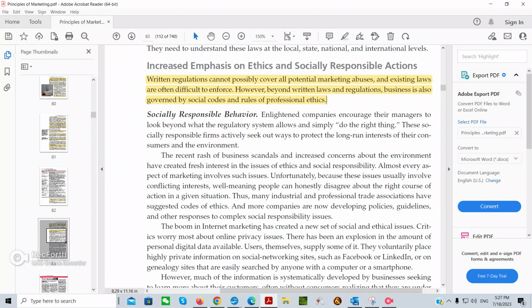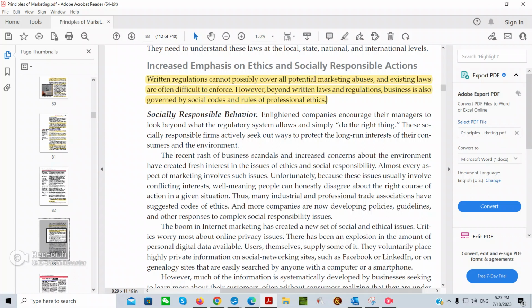The recent rash of business scandals and increased concerns about the environment have created fresh interest in the issues of ethics and social responsibility. Almost every aspect of marketing involves such issues. However, because these issues involve conflicting interests, well-meaning people can honestly disagree about the right course of action in a given situation.